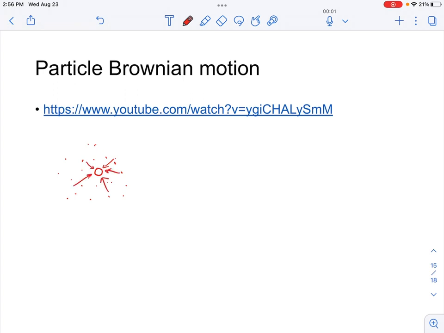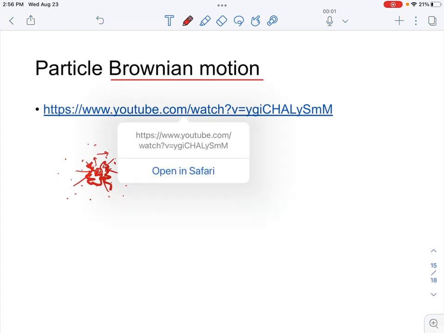Since the sizes are comparable, and the particles and air molecules are not continuum, there may be more air molecules hitting the particle in this direction, and the next time the particle may move in that direction. Overall, the particles have a random motion, and we call this random motion Brownian motion. Okay, so here is the short video.